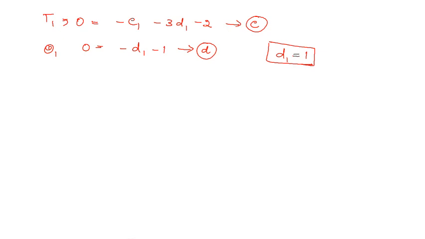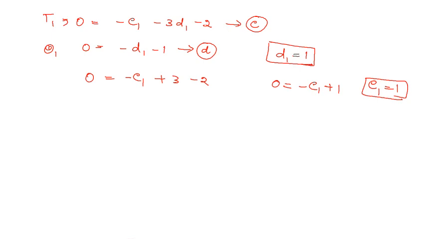And if I substitute that d1 value in the C equation, I'll get 0 is equal to minus C1 plus 3 minus 2, or 0 is equal to minus C1 plus 1, or I can simply write C1 is equal to 1. Right? So I got a D value, I got a C value.